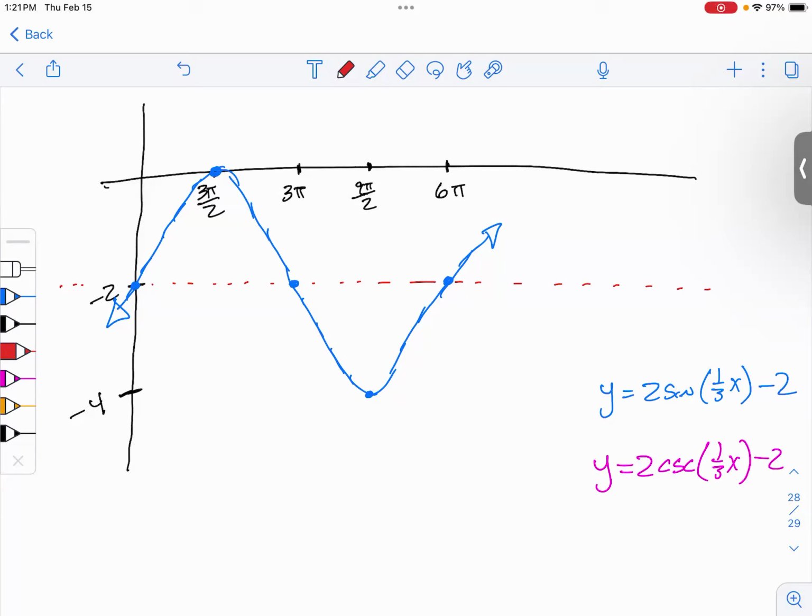So my vertical asymptotes are everything where my new axis is drawn. And then the cosecant graph is basically a bunch of parabolas mirrored off of the sine graph.